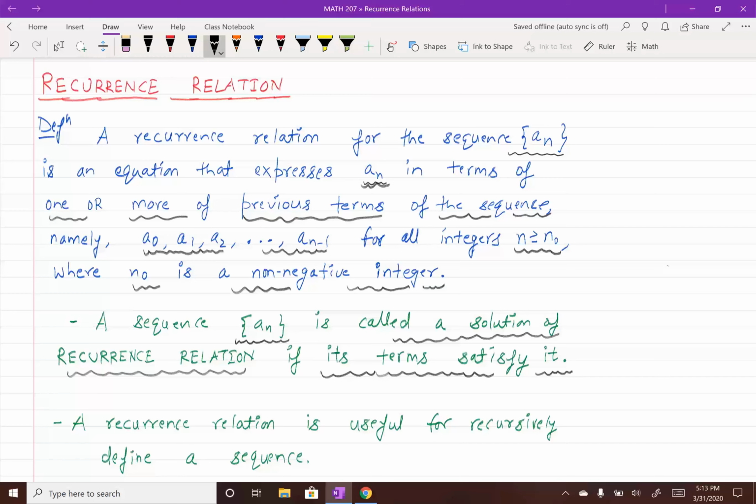Another important thing about the recurrence relation is that it is useful for recursively defining a sequence, and we have seen in these two examples how you use the recurrence relation recursively to define the elements of a sequence.